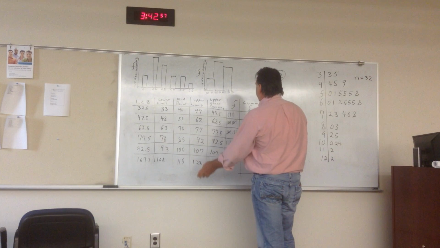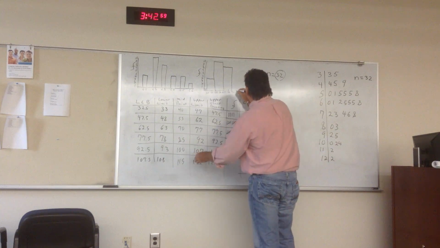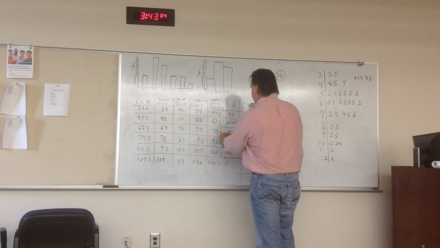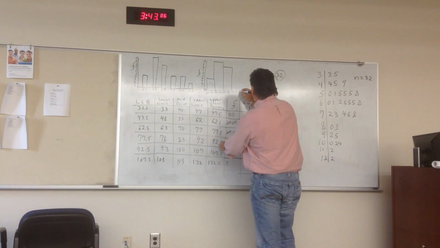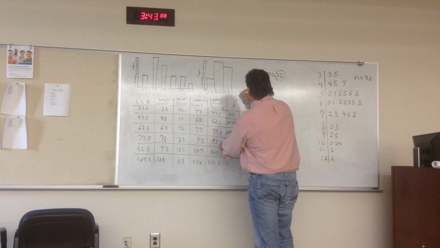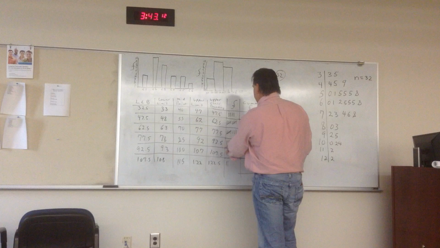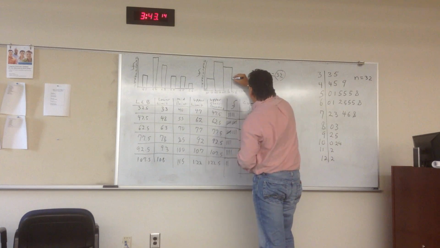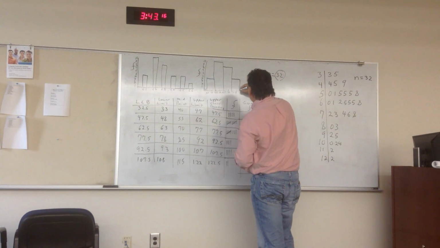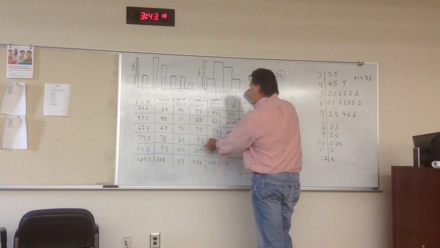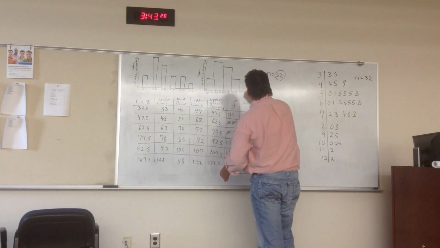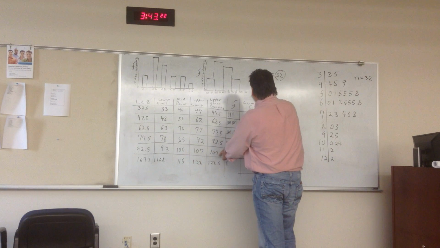So our next midpoint is going to be 85, and our upper class boundary would be 92.5. And we can use that 85 and find out how many times it occurs. It looks like 4 times. So our next midpoint is going to be 100, the upper class boundary of 107.5.